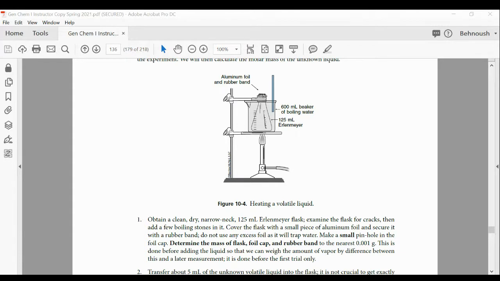Because if the water outside of the flask is hot, the air inside the flask is cold, the heat from outside is going to move into the flask, and is going to heat up the gas inside the flask.